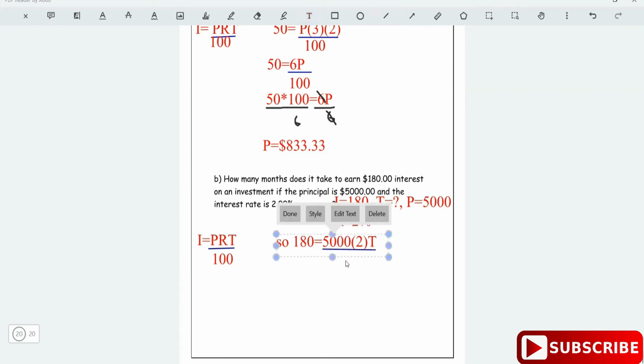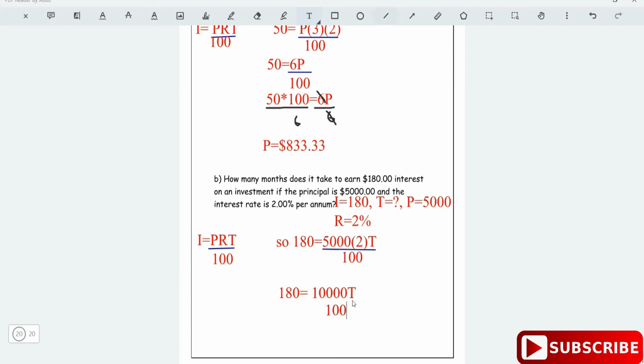So what we end up getting is 5,000 times 2, which is 10,000. So this works out now to be 180 is equal to 10,000 times t, and that 10,000t is being divided by 100.